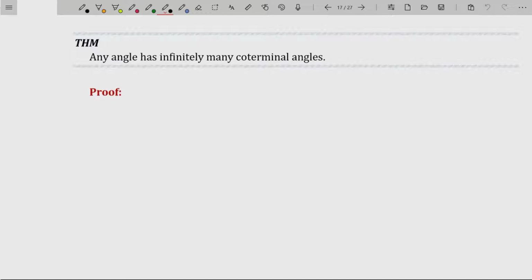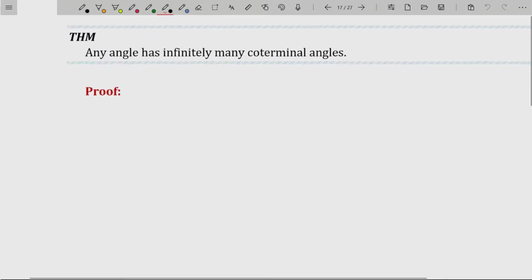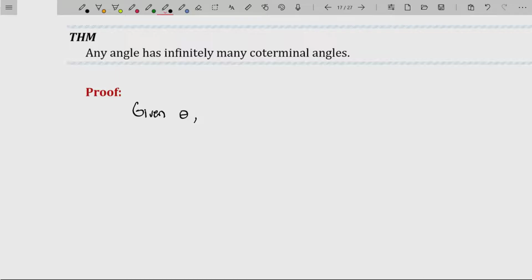It is very short. So the theorem here: any angle that I hand you has infinitely many coterminal angles. Well, the proof is very easy and it actually illustrates how to get to coterminal angles. So given some angle theta, it could be in radians, could be degrees, but let's pretend it's in radians.